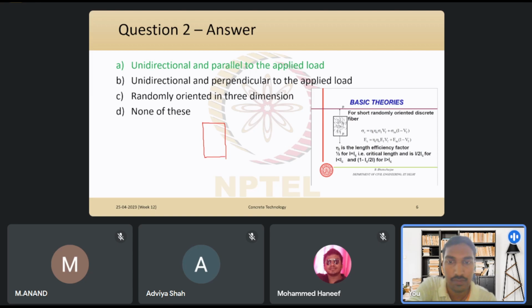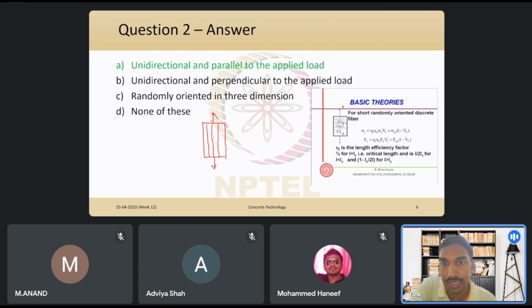Suppose we have a concrete, and we have fibers along the length of the concrete like this, and then when you apply load, suppose you apply tension, something like this. When you have such a configuration, when the applied load and the fibers are parallel to each other, in that case you will have the higher load carrying capacity.